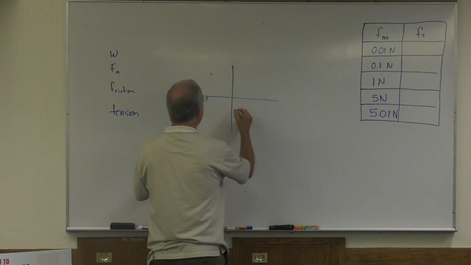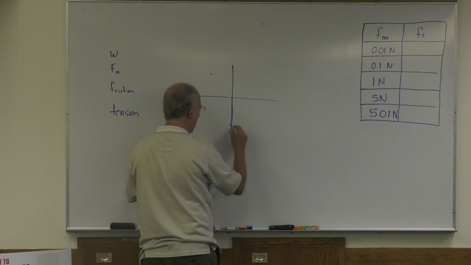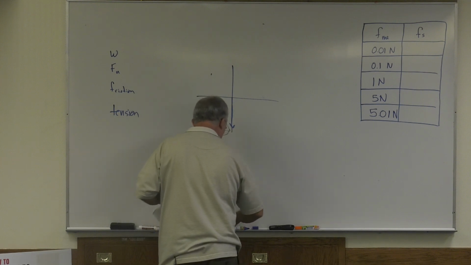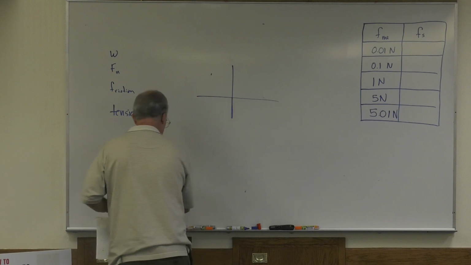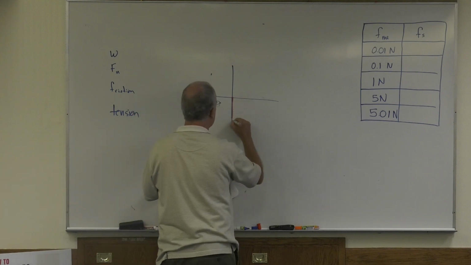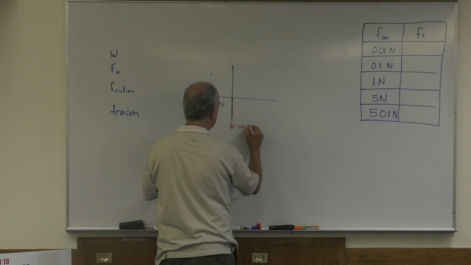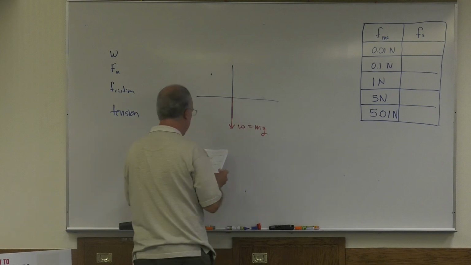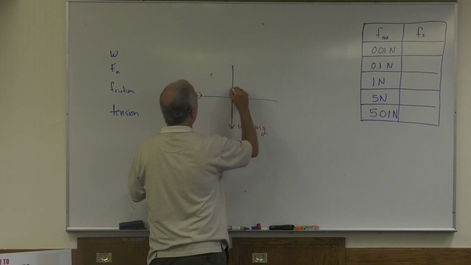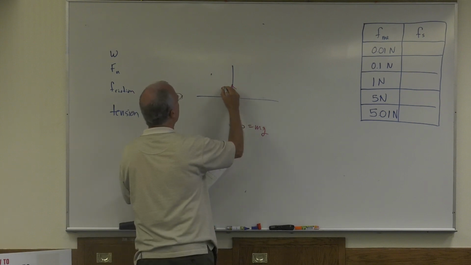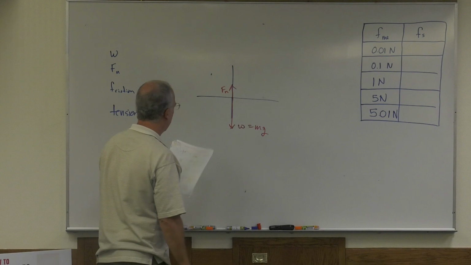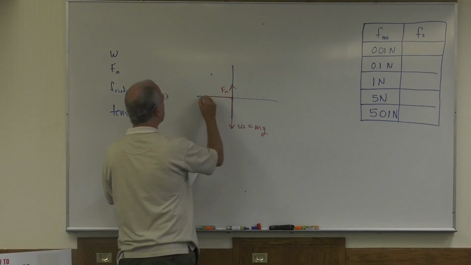All right, so the weight is always down towards the center of the earth. So let's do that. There's the weight, mg, right? There's going to be a normal. I'm not going to make it the same magnitude, you'll see why in a minute. Friction opposes the motion.